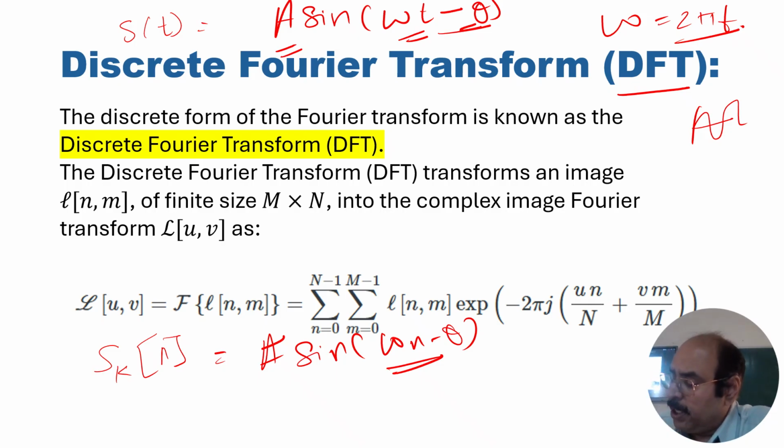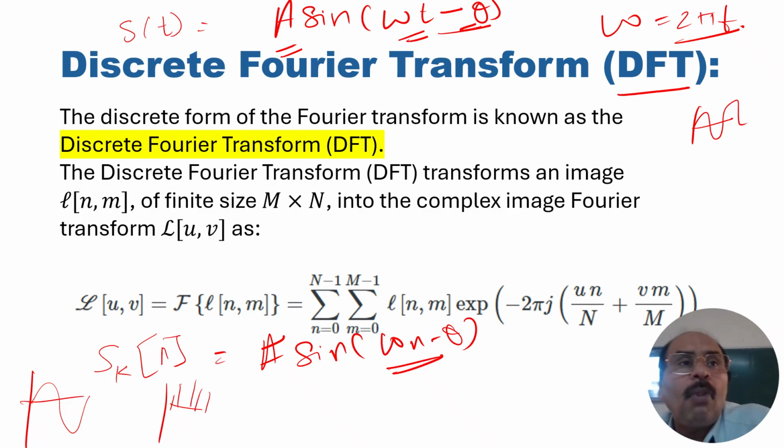Here what we are doing is converting the sine wave into discrete samples. Instead of having a continuous sine wave, we are having discrete points like this. Okay, so these are the discrete points. Now let us consider we are going to transform from one form to the other. Okay, so we have here UV as the output.